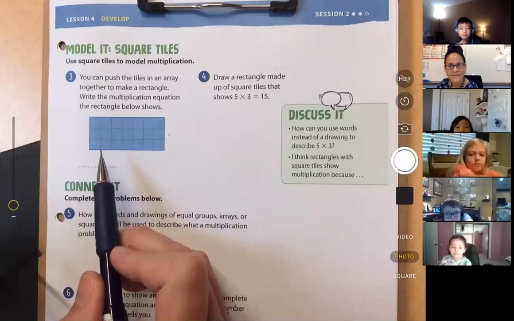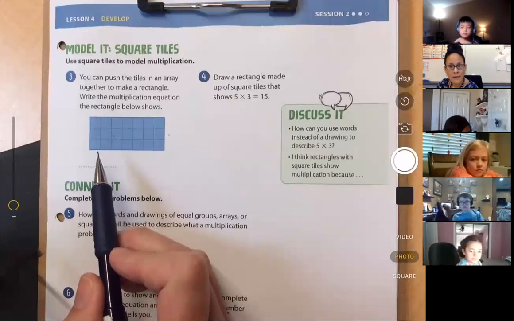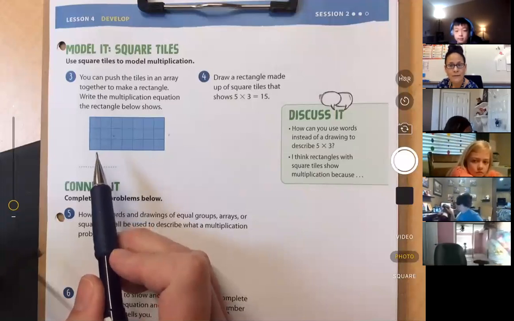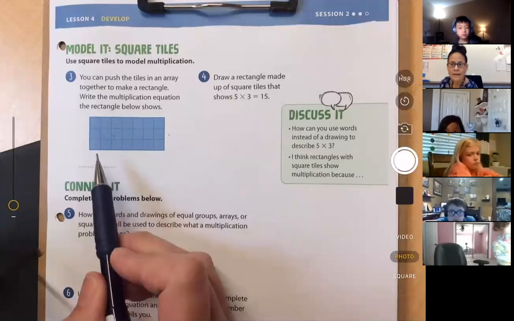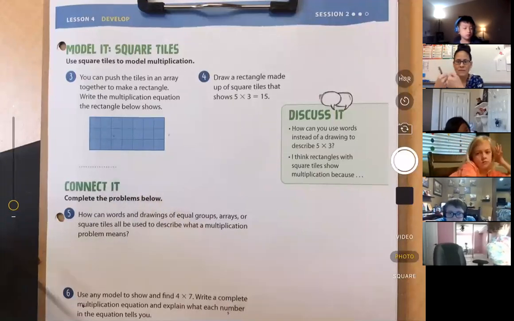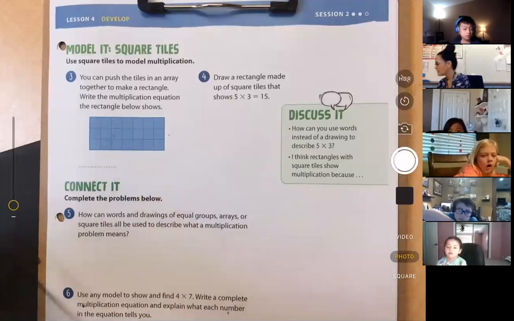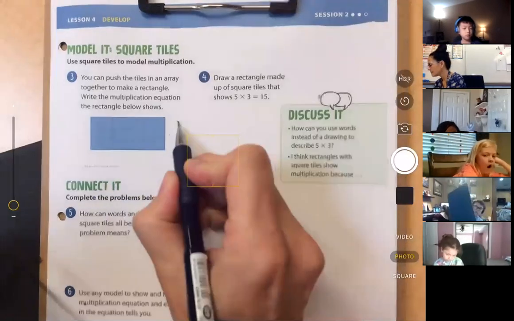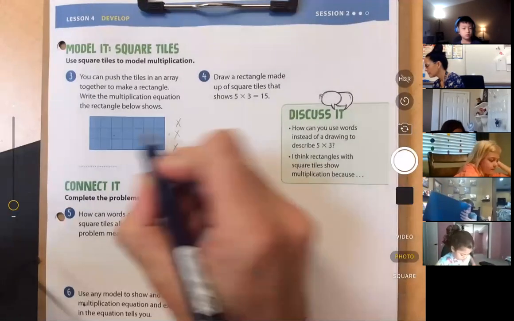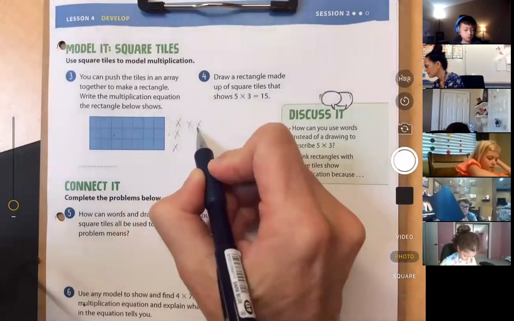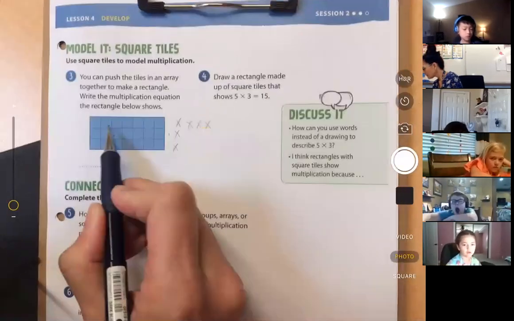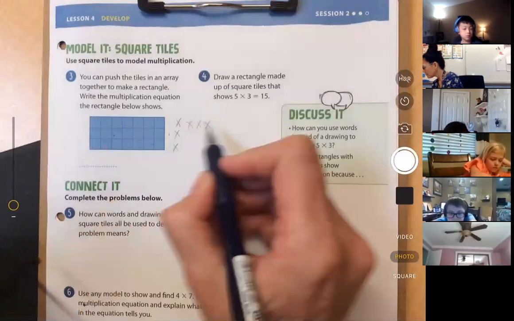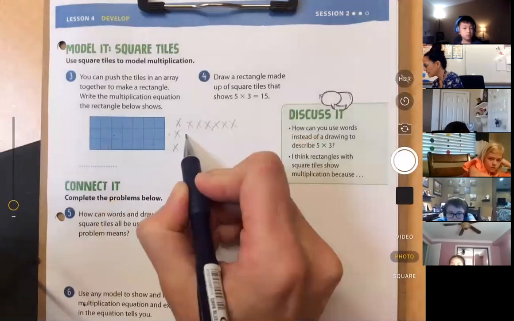Of course. Now, when we work on grid paper, you've seen grid paper before. That could be used to build an array. This is an array and it's all pushed together. So if I were to do this instead, does everyone see what I'm doing here?